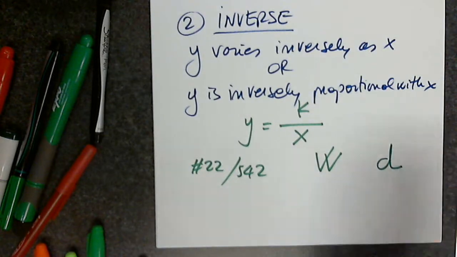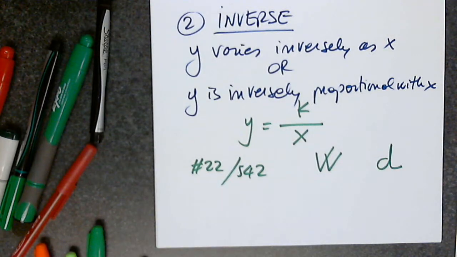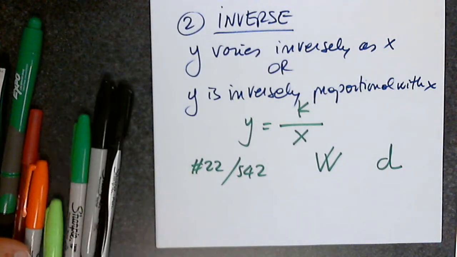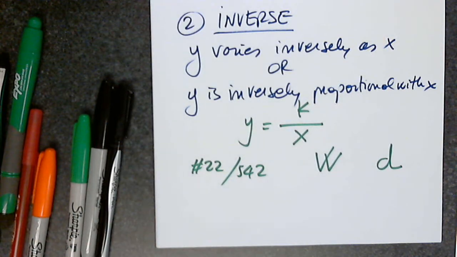I'm going to call the distance d. These are my variables. I wanted to denote them by W and D. You can use any notation, of course. There is no limitation to that. Okay. So I know now, in short, W varies inversely with the square of D.